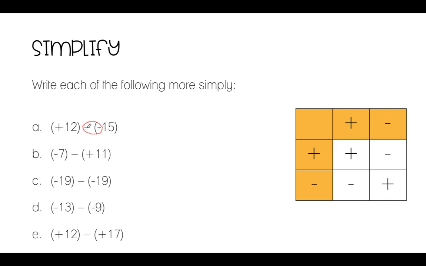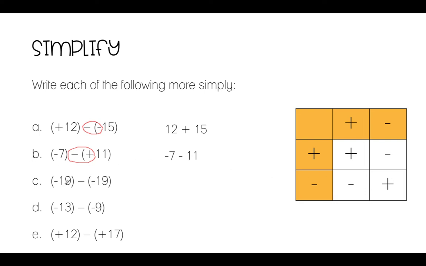Essentially this is a negative times a negative, which we'll learn more about in future days. But two negatives, if we come over to our table, two negatives make a positive. So we actually write this as 12 plus 15. Again, we've got a negative and a positive, so a negative and a positive gives us a negative. So this is actually negative 7 take away 11.